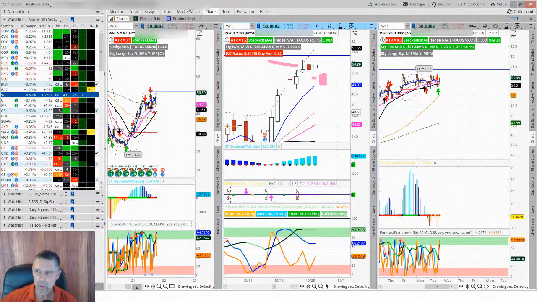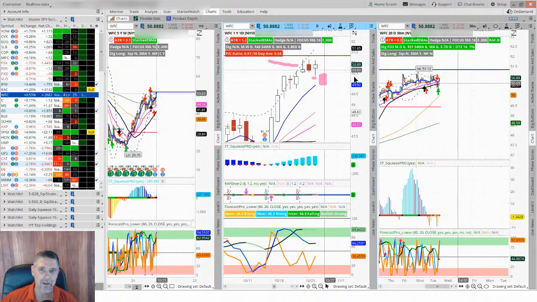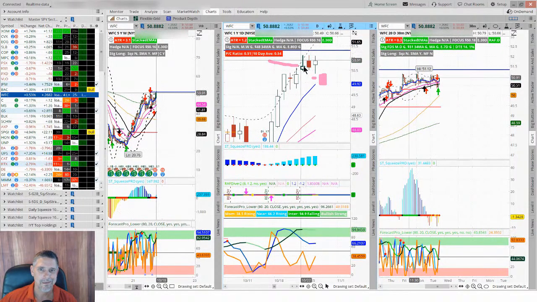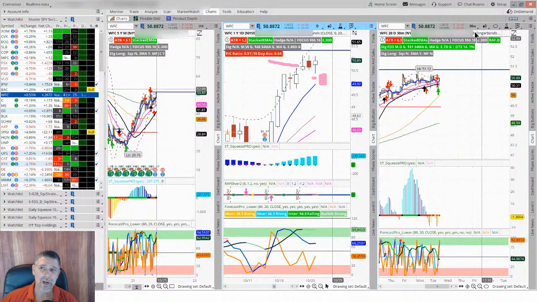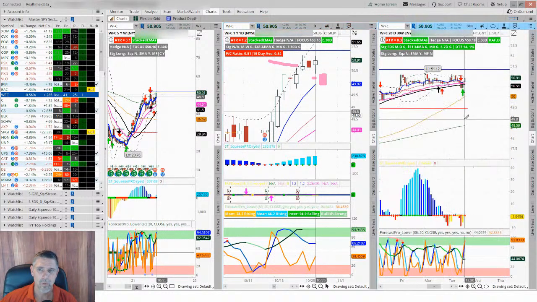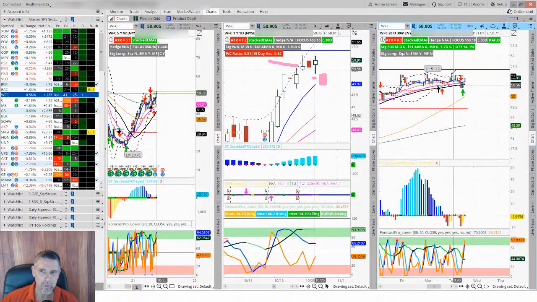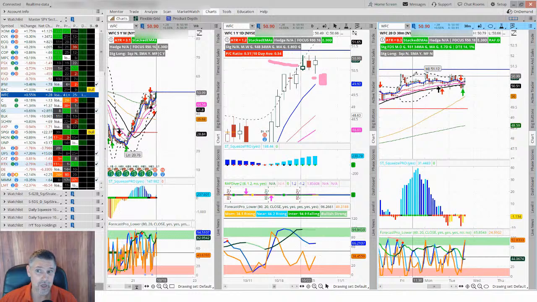But what I could do is recognize the candlestick pattern. In this particular case, it's a bearish pin bar, inverted hammer, shooting star, and then look over here to the 30-minute time frame. What do we got? We got a beautiful squeeze going on.